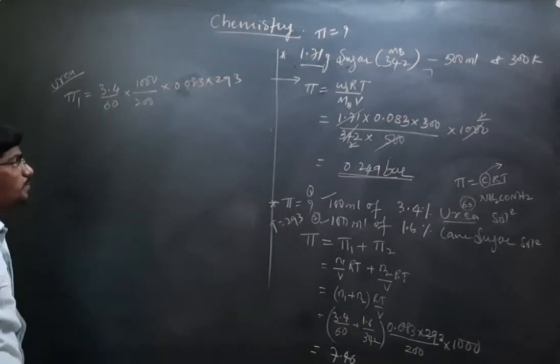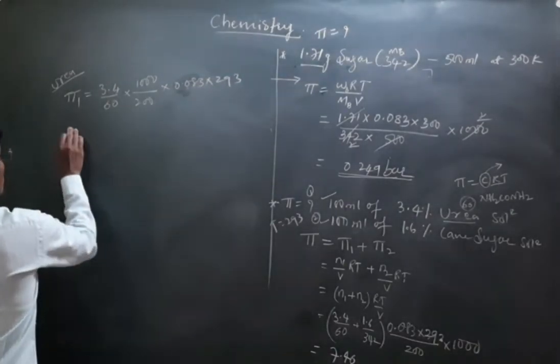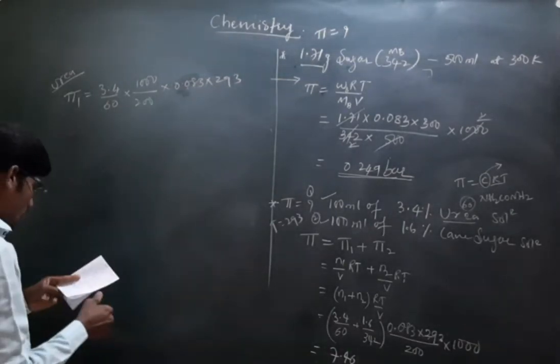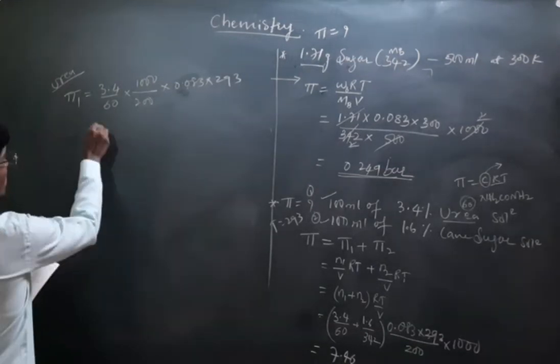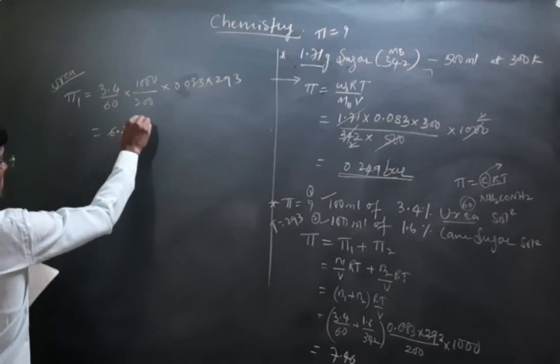This is the pi 1 value, which comes out to be 6.89 bar.